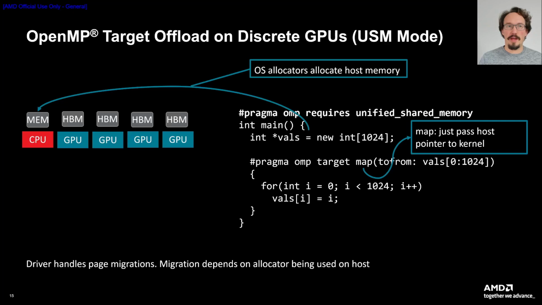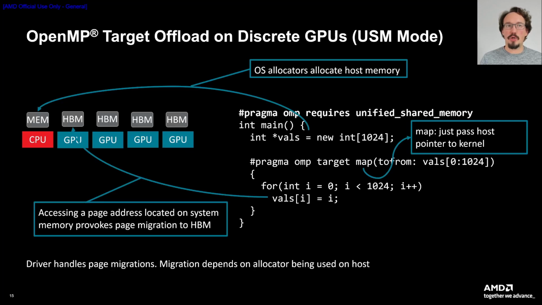When the kernel then executes and accesses that address, the access of a page address located on the system memory provokes a page migration from system memory to the HBM on the GPU. This migration is transparently handled by the driver, though the actual migration depends on the allocator used on the host.